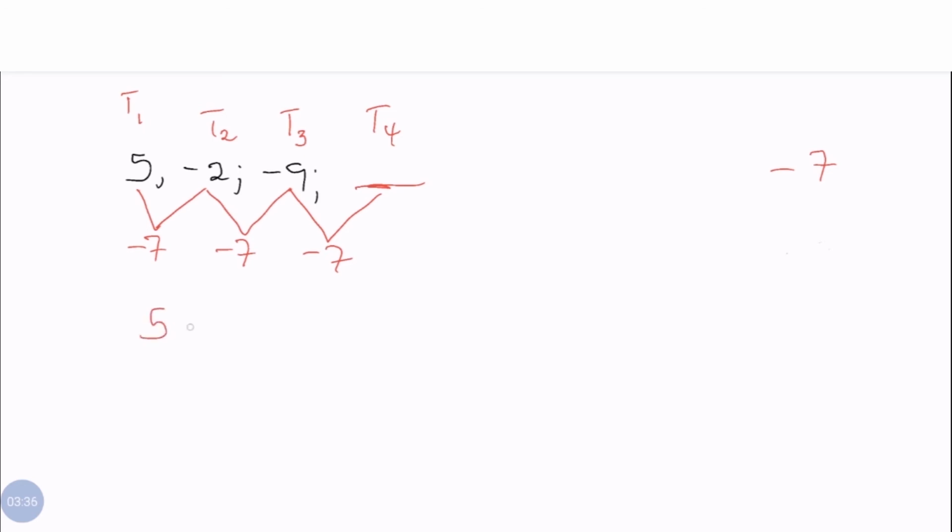So it is 5 plus -7, which is 5 minus 7, equal to -2.